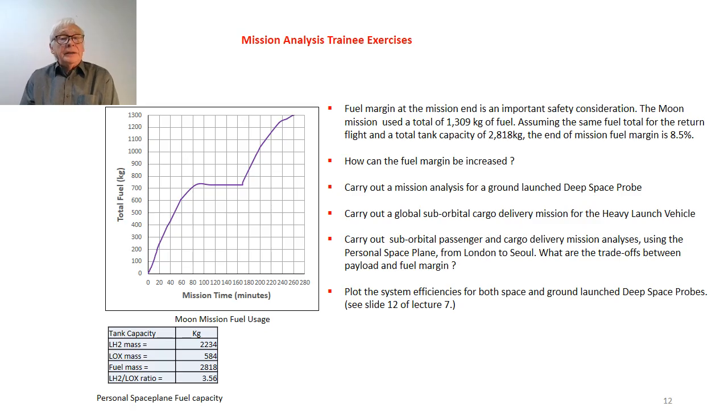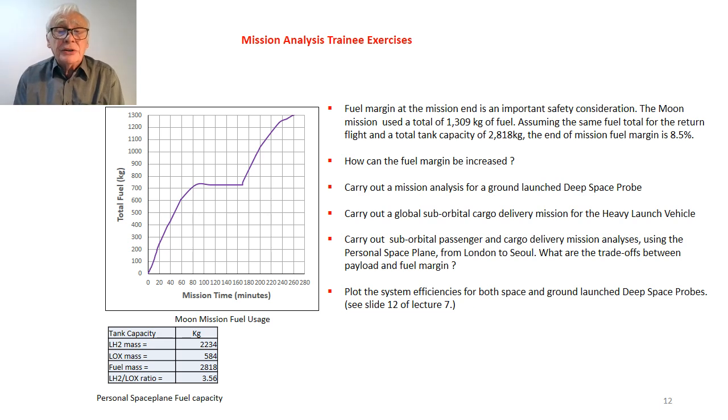A second mission analysis which I recommend you do is for a ground-launched deep space probe. So here you now have to take into account the drag, atmospheric drag, as you go through the initial launch. You need to see how much you have to throttle back the engine to achieve a satisfactory flight profile.